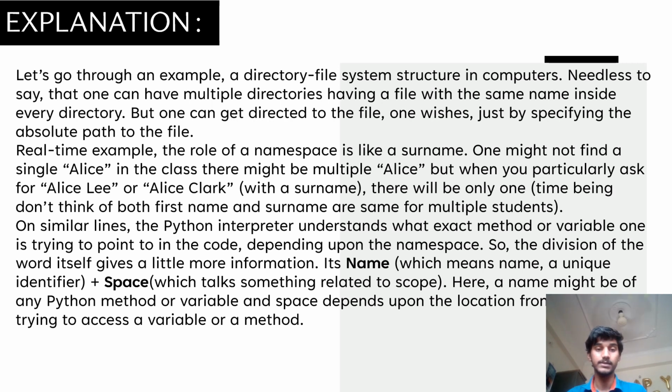On similar lines, the Python interpreter understands what exact method or variable one is trying to point to in the code, depending upon the namespace. The division of the word itself gives a little more information: name, which means a unique identifier, plus space, which relates to scope.